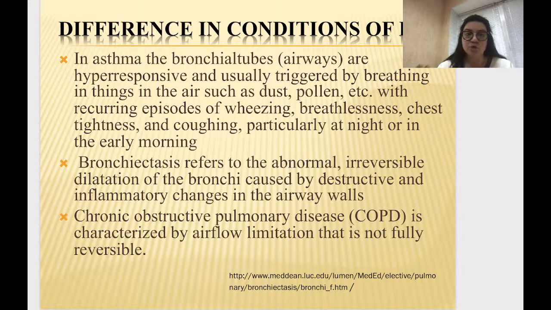Bronchoectasis refers to abnormal, irreversible dilation of bronchi caused by destructive and inflammatory changes in the airway walls. In contrast, chronic obstructive pulmonary disease is characterized by airflow limitation that is not fully reversible or irreversible at all.